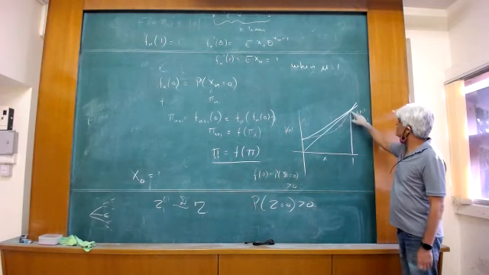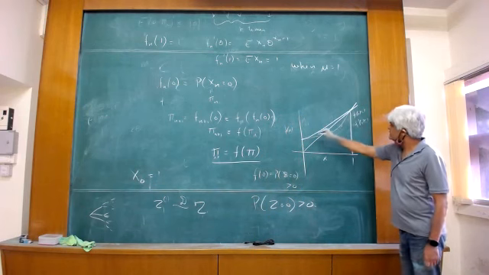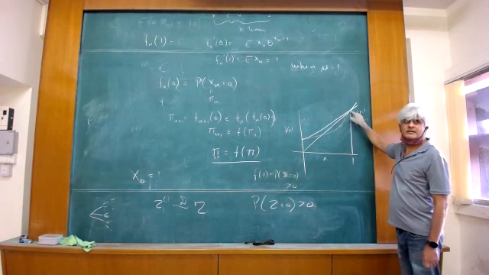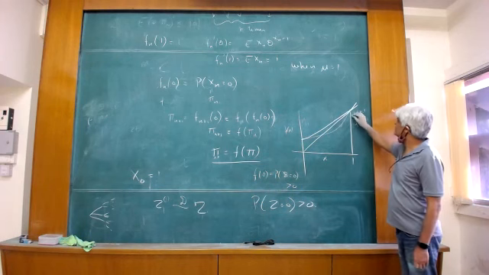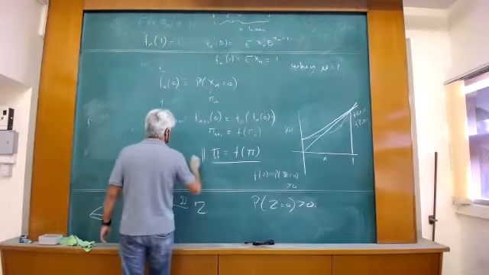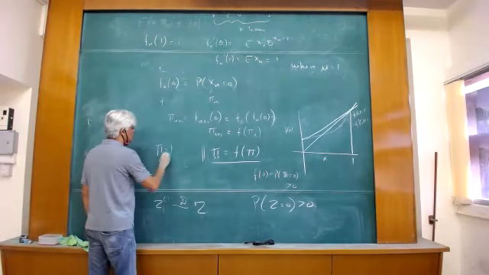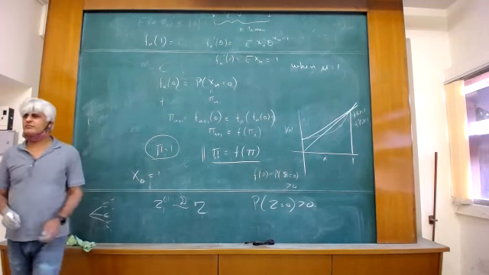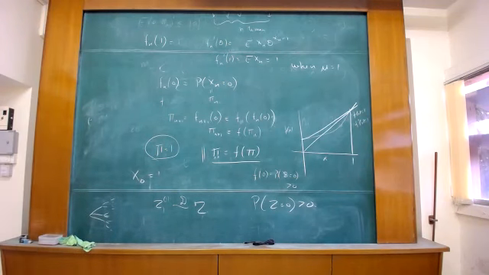And we know the slope is increasing, and the slope is equal to 1 at this point, so it can't be equal to 1 earlier. There's only one solution to f of pi equals pi, that's pi equal to 1. So it's a very long answer to the problem: the probability of extinction is equal to 1 when your mu is equal to 1.